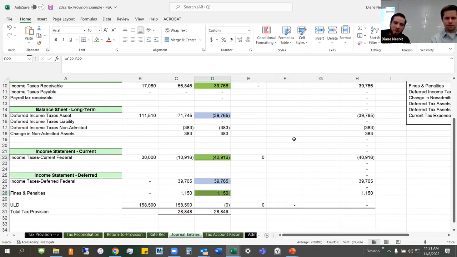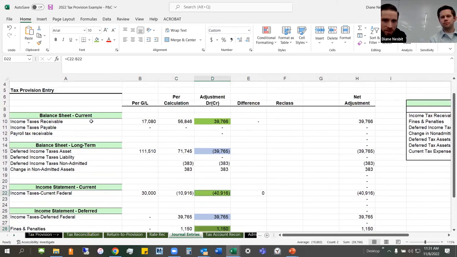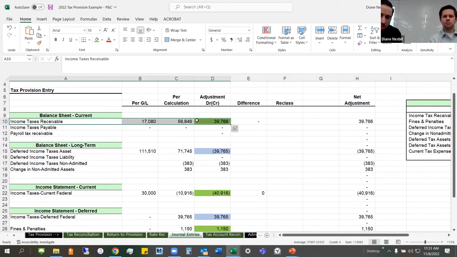But again, I think the gist of coming up with the current expenses is to figure out your balance sheet first. If you figure out your income tax receivable or payable, then you can dive into the expense, and if it's not lining up exactly, you say, well, what's the reason for that?